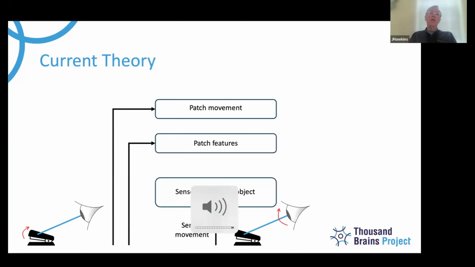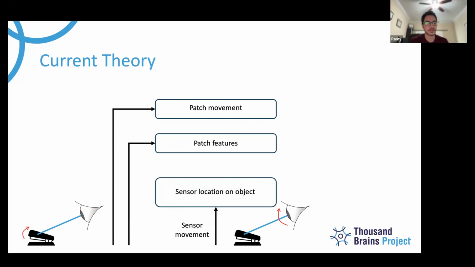I think the last time we talked about it, we were opening that up to basically change. Something's changing at that point, not necessarily moving. Moving would be a big part of it. In the stapler, it would be moving, but the light on the traffic light's not moving, but it's changing. Right. Okay. And just to be clear, it's not that the patch is movement, it's the observed feature that the patch is observing that is changing.